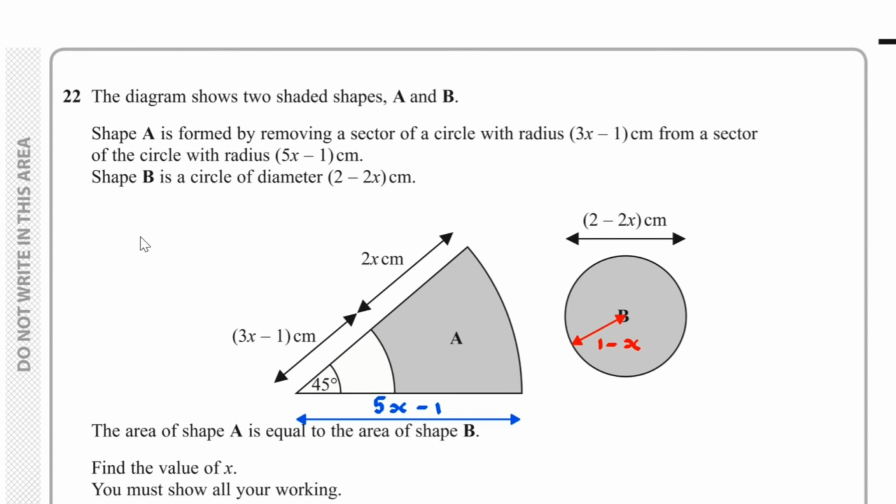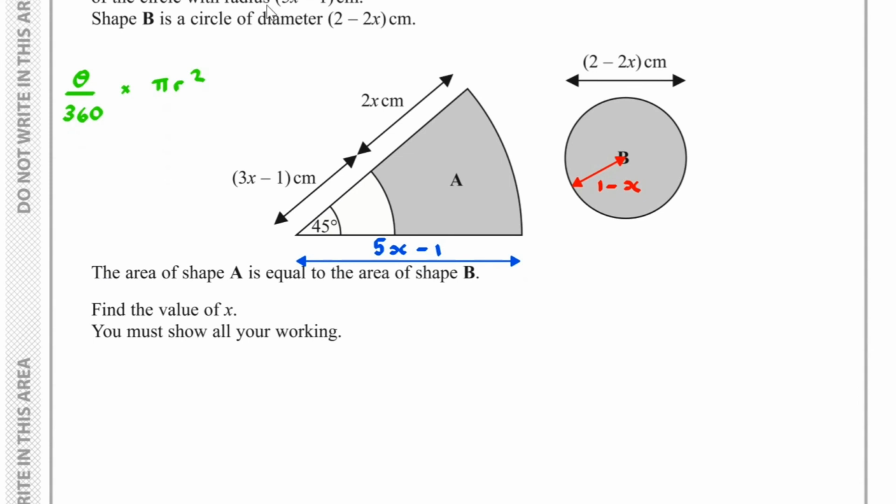Now, how do we find the area of a sector? Well, that's given by the formula theta divided by 360 multiplied by pi r squared.